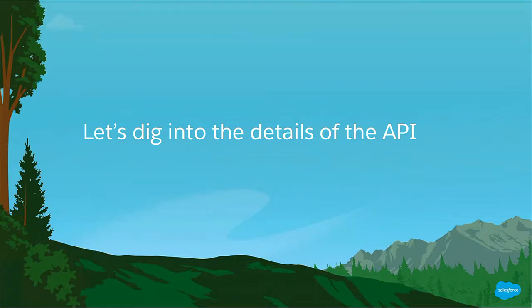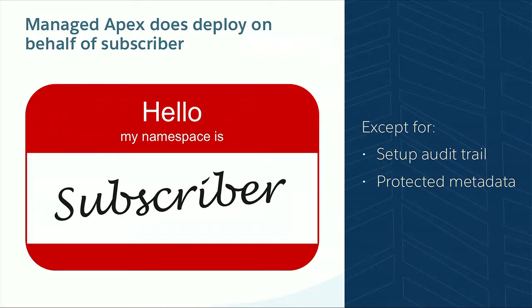Being able to build a setup UI that will allow an admin to make a few changes and then drive a whole bunch of metadata changes on the back end is going to make life a lot easier for admins. It's going to allow them to do things much more on their own and rely less on professional services and their developer organization.